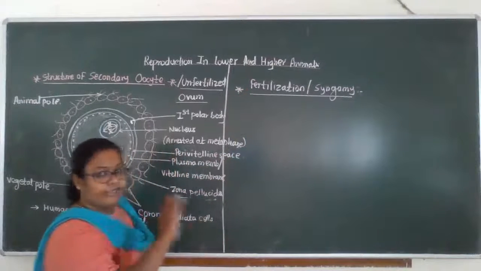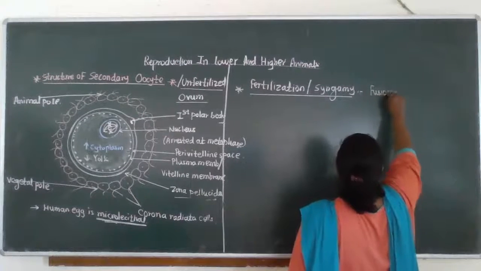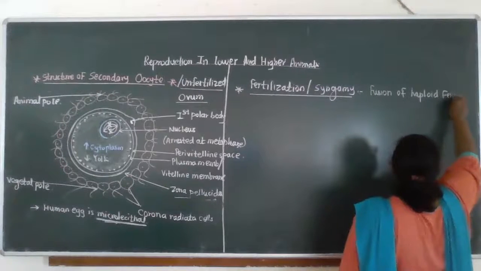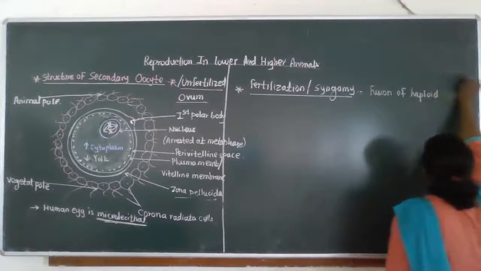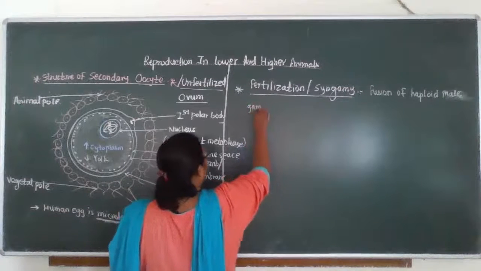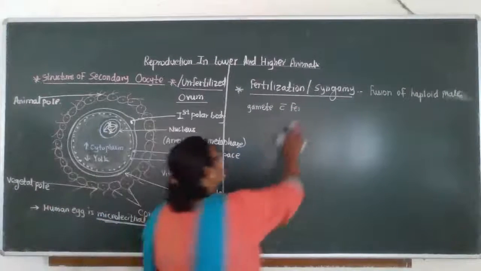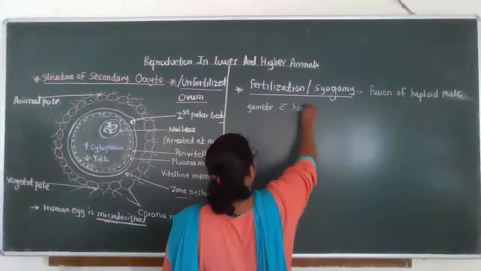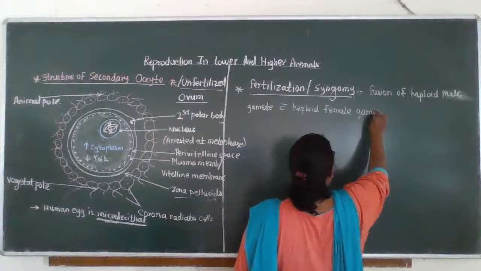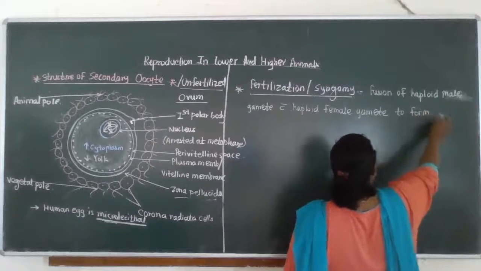Fertilization means the fusion of a haploid male gamete with a haploid female gamete to form a diploid zygote.